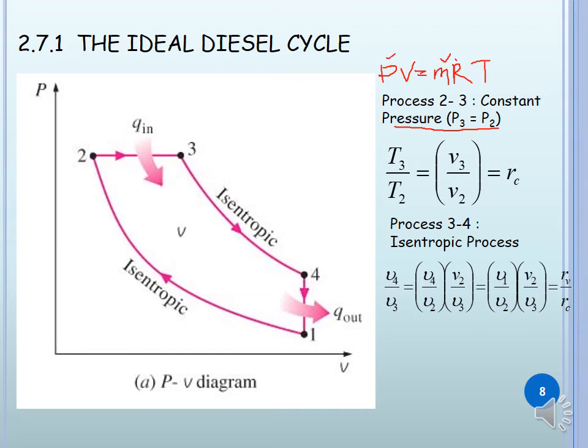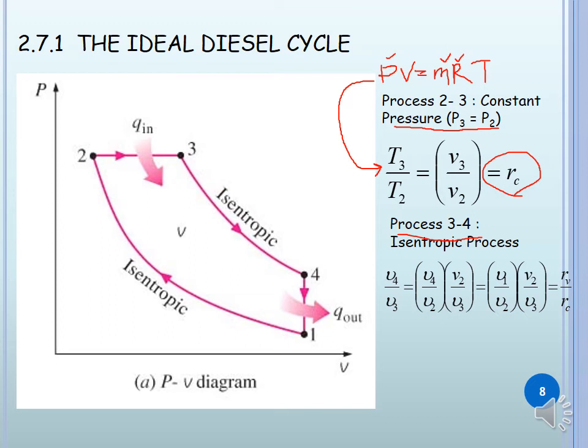We know that the pressure is the same, the mass is the same, and the gas constant is the same at states 2 and 3. If we apply this equation, we will have this ratio: temperature at 3 over temperature at 2 is equal to the volume at 3 over volume at 2, which is the cut-off ratio.